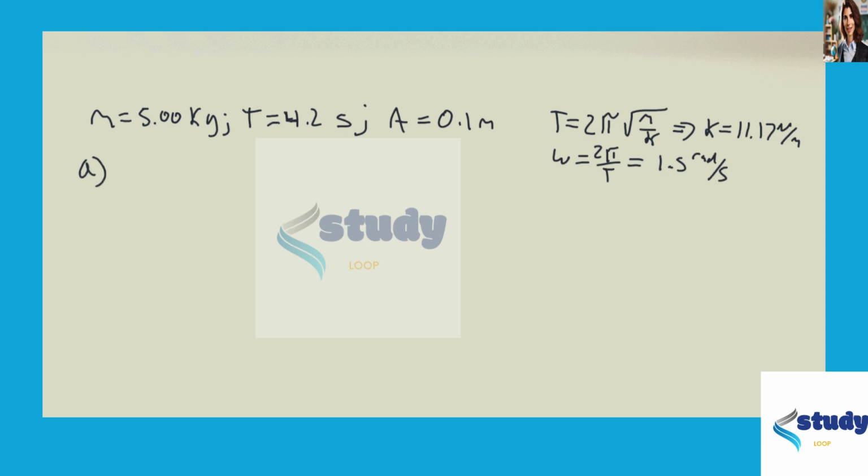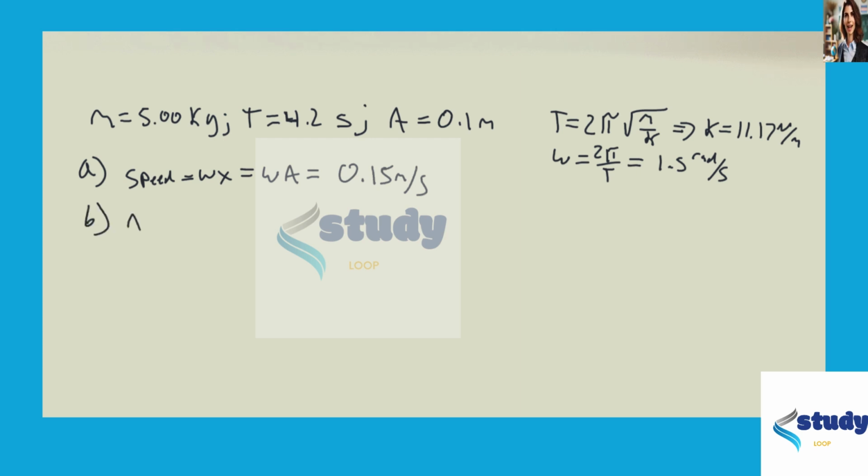So the speed at any given position is omega x. In this case, x is the full amplitude, so it's omega A, which equals 0.15 meters per second.